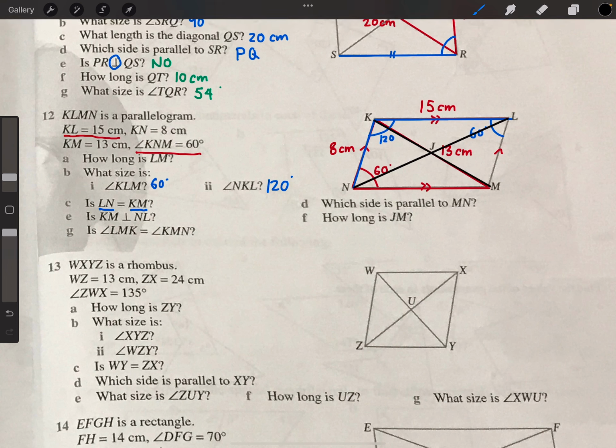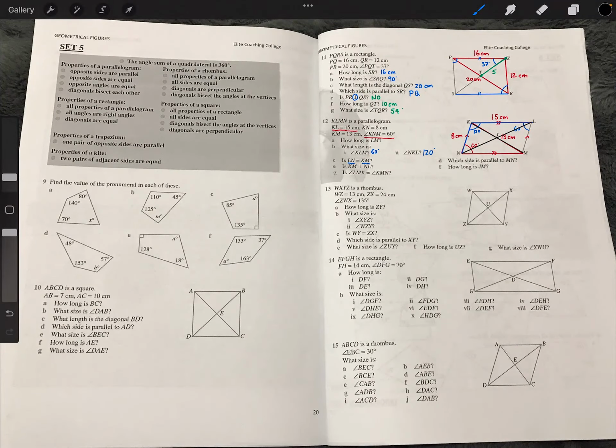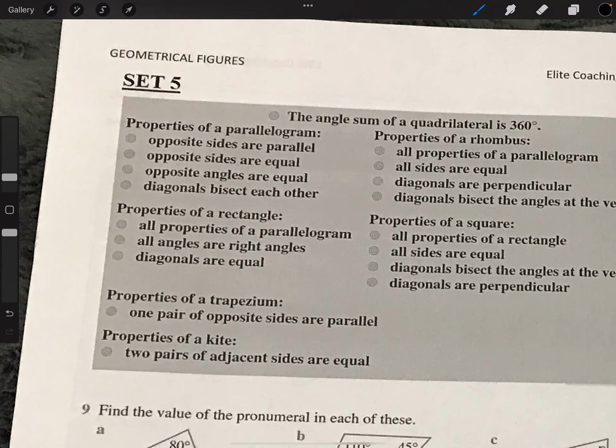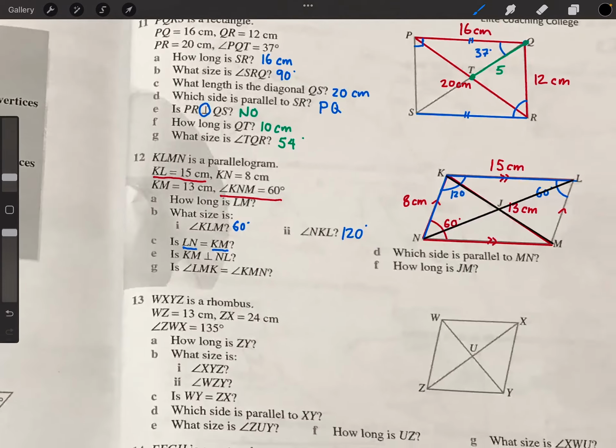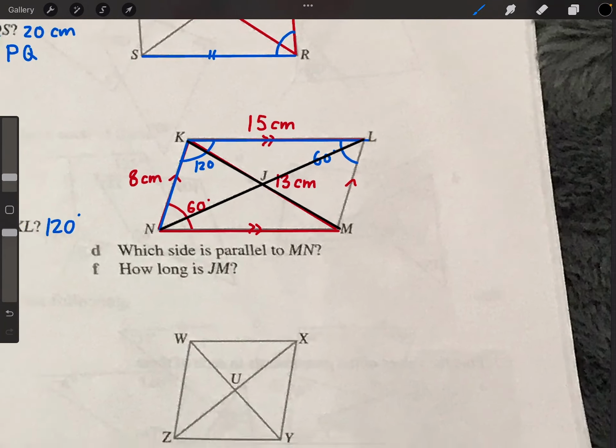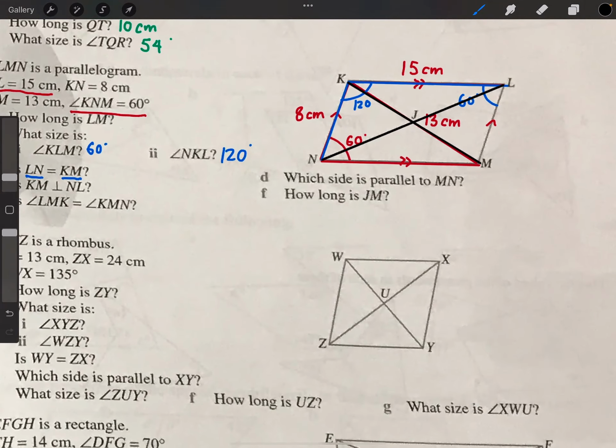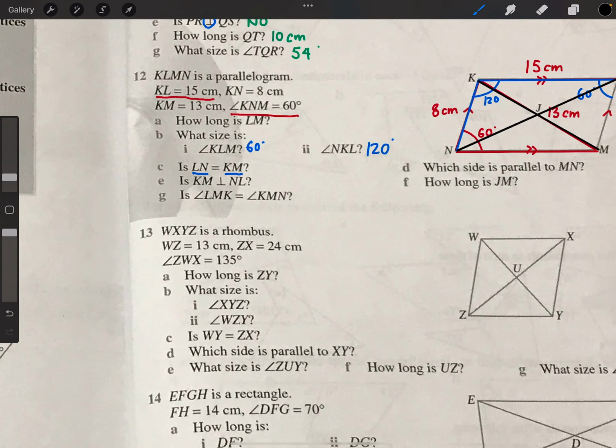Well, let's have a look. Here's a parallelogram. Diagonals bisect each other. There's nothing about the diagonals being equal to each other. They're only equal in a rectangle, not a parallelogram. So the answer here is no. I'll put that back in blue. No.